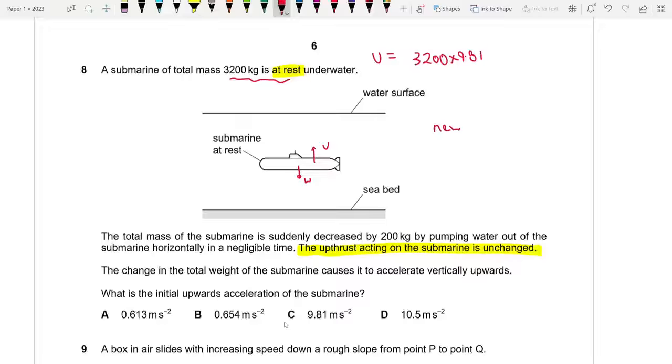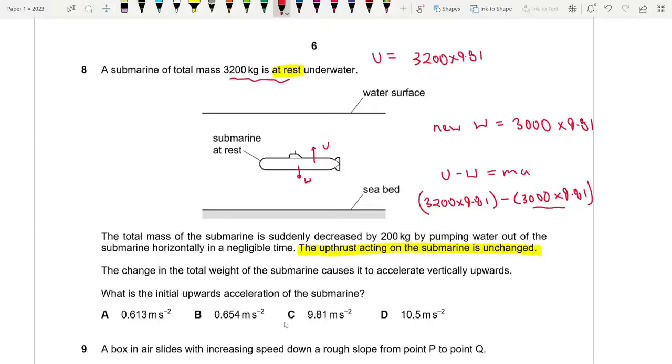This is the keyword, but the mass and weight change. So what's the new weight? It is going to be 3,200 minus 200, which is 3,000 kg times 9.81. So let's find out the initial acceleration, okay? Upthrust minus weight is equal to ma. So 3,200 times 9.81 minus the new weight, 3,000 times 9.81.